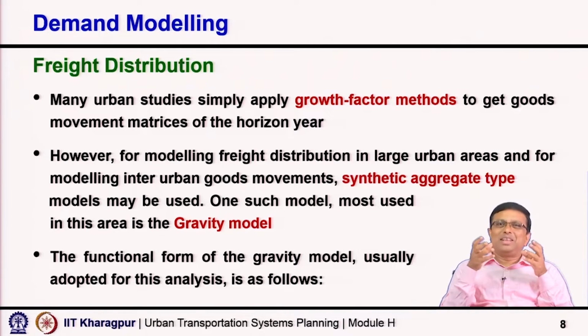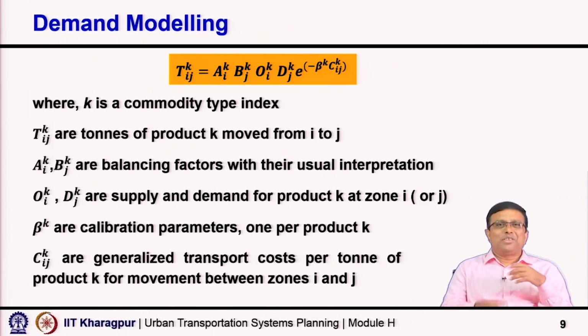Distribution depends on the production, the attraction, and also the spatial separation, or some factor of spatial separation between the zones, right. So, the functional form of the gravity model usually adopted for this analysis is as shown in the slide.